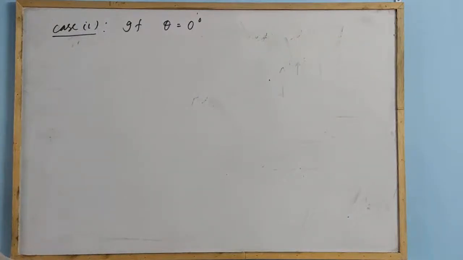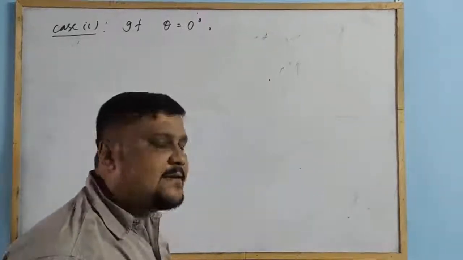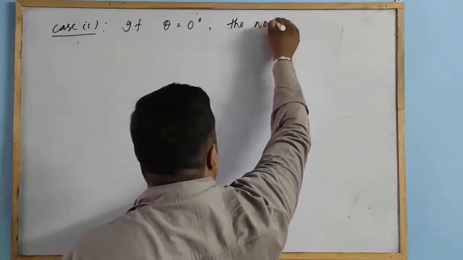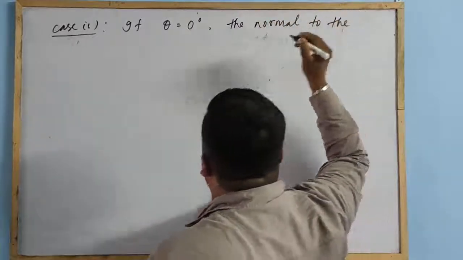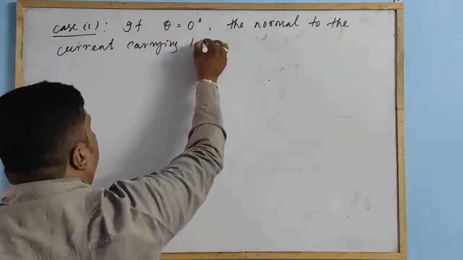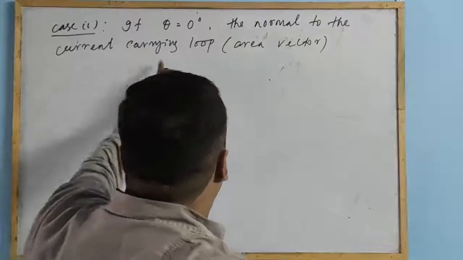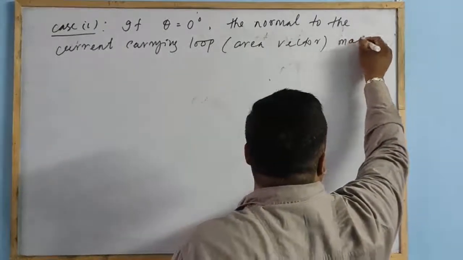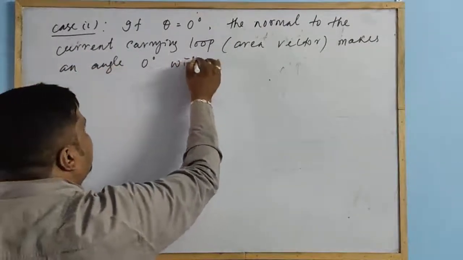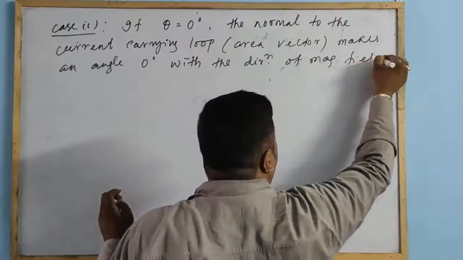If theta is equal to 0, it means the normal to the current carrying loop, which is also called the area vector, makes an angle 0 degree with the direction of magnetic field.